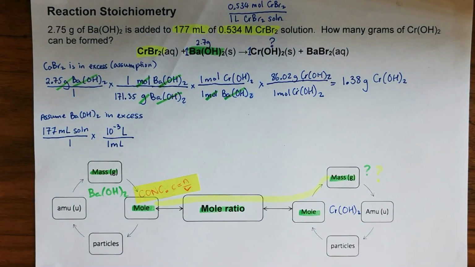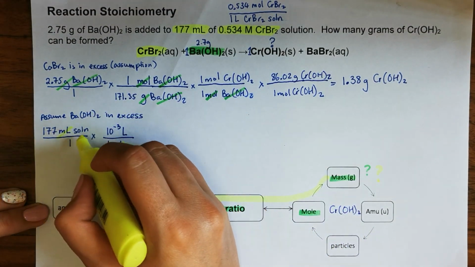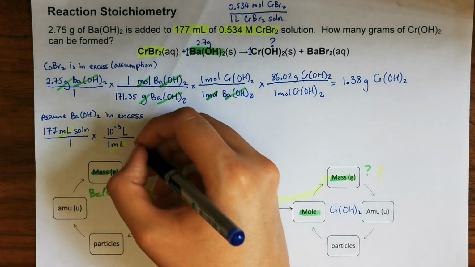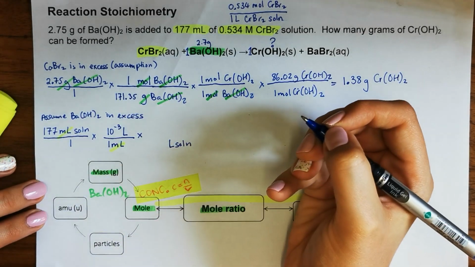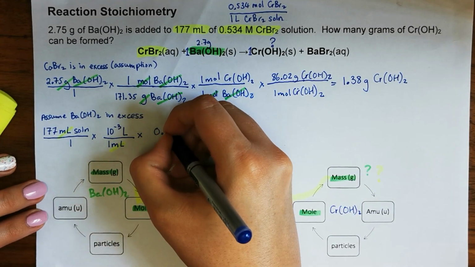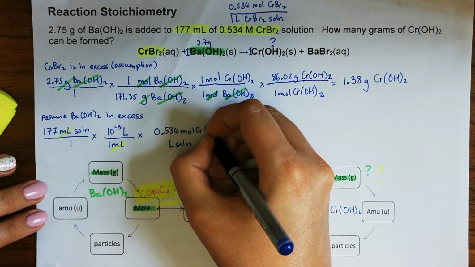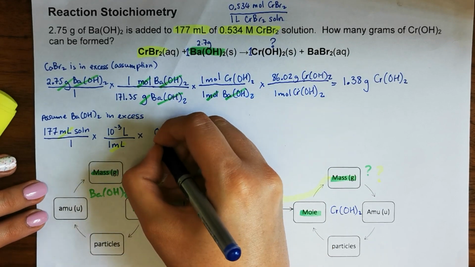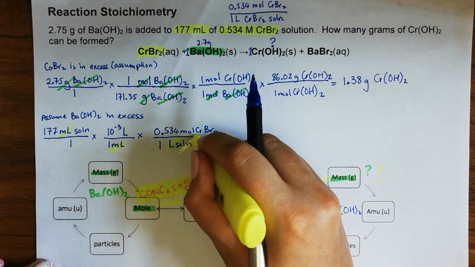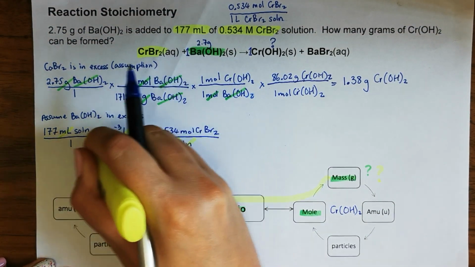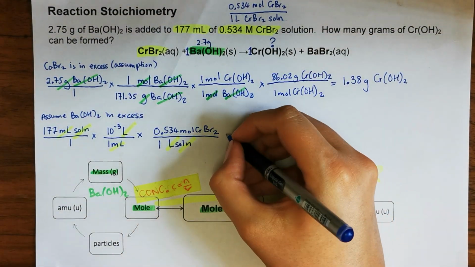So if we look at our cancelling here, milliliters and milliliters have cancelled out. We've got liters of solution at the top. That means our next conversion factor must have liters of solution at the bottom. And we know it's 0.534 moles of chromium bromide per 1 liter of solution. Cancel quickly the unit and the label. On the top, moles of chromium bromide.